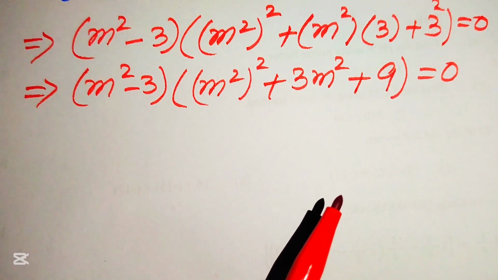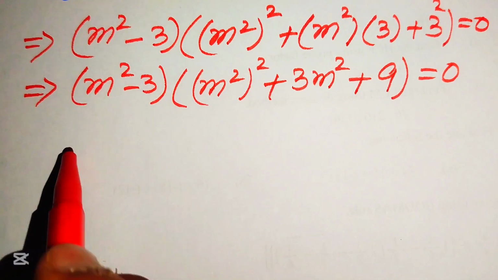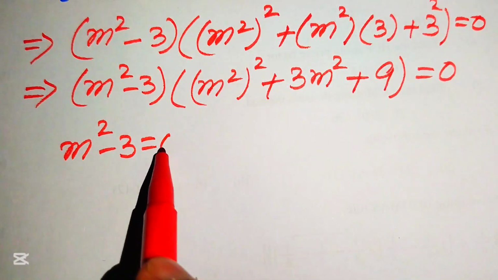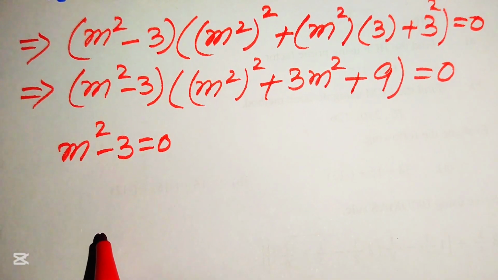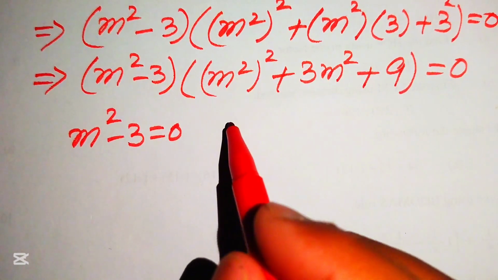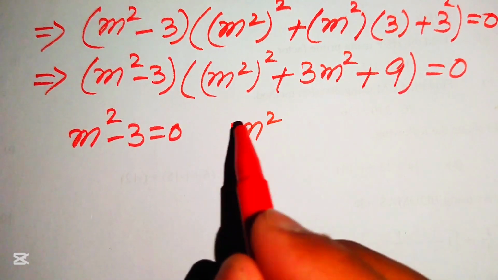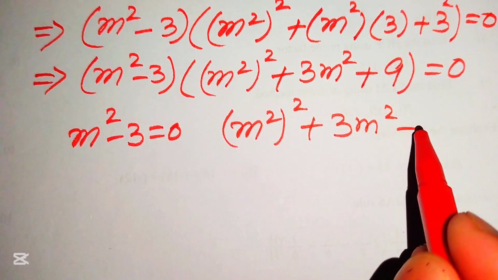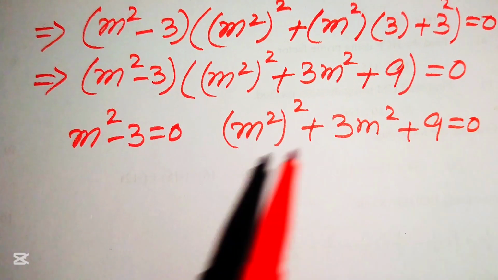So now in the next step we will divide this equation into two cases. The first case is we take m squared minus 3 equals 0. And the second equation is m squared and its whole square plus 3 times m squared plus 9 equals 0.